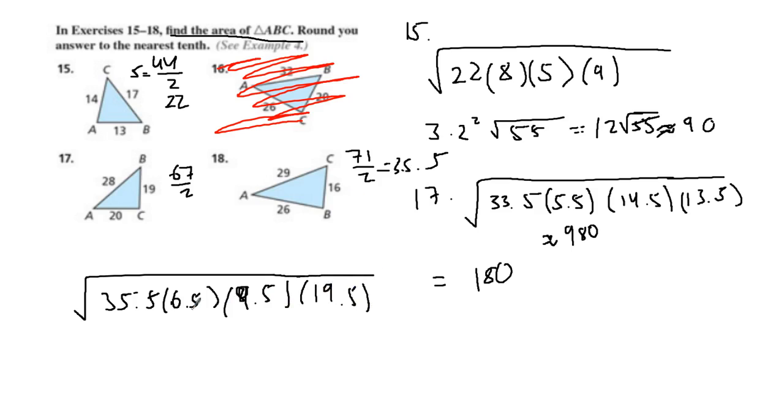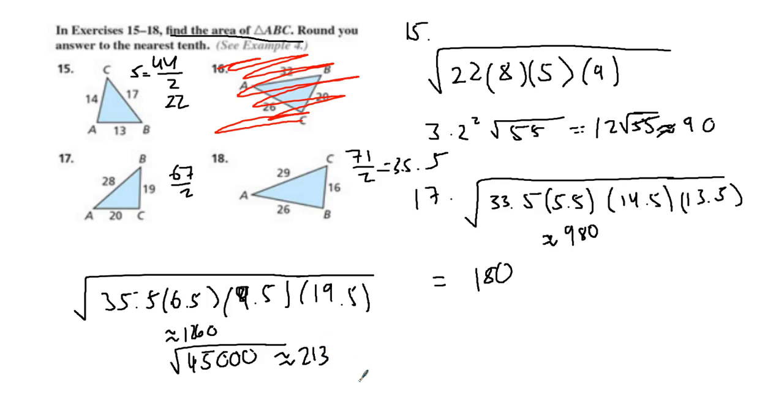So 6.5 multiplied by 9.5 is roughly 63. 63 multiplied by 19.5 is about 1,260, multiplied by 35.5 is around 45,000. So the square root of 45,000 is roughly 213 centimeters squared.